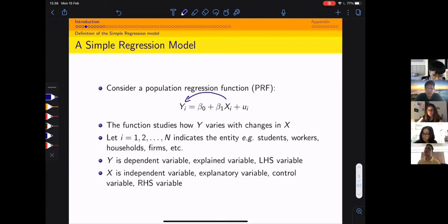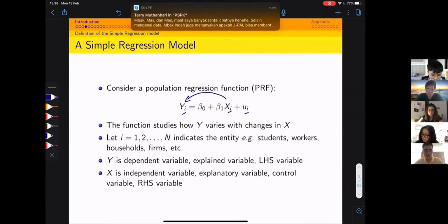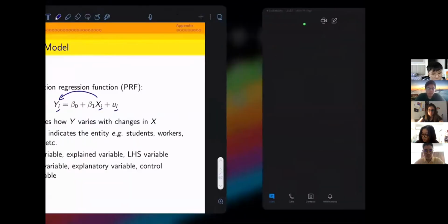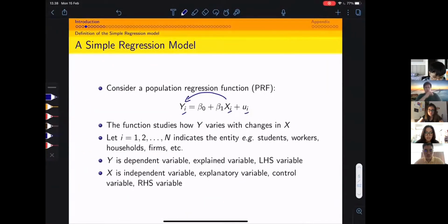Now, as you can see, there are also several descriptions of the model. The first one is the i's, okay? So the i's here indicate the entity, okay? And the entity is going to be dependent on the research questions, okay? So for example, if you care about the effect of parental income on, say, student test score, then the observation would be at the student level.